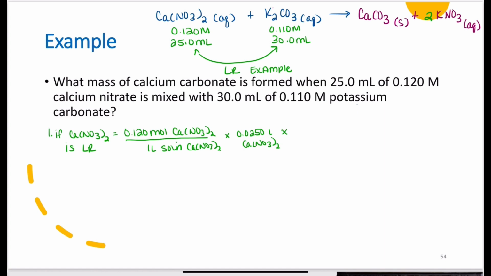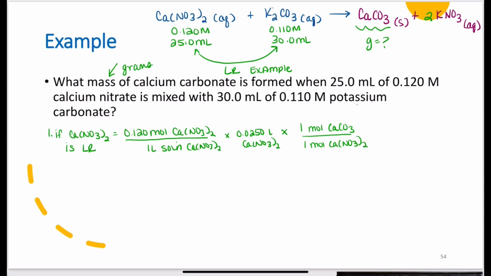Now I'm trying to get to how many grams I'm going to make here. Mass means grams. I see that it's 1 mole calcium carbonate being formed for every 1 mole calcium nitrate consumed.